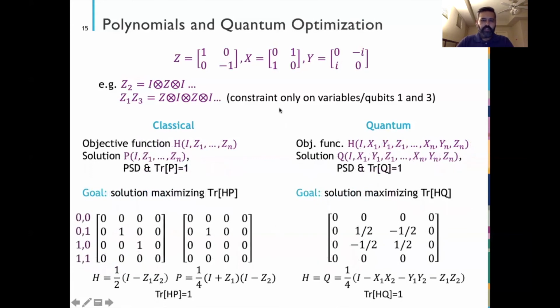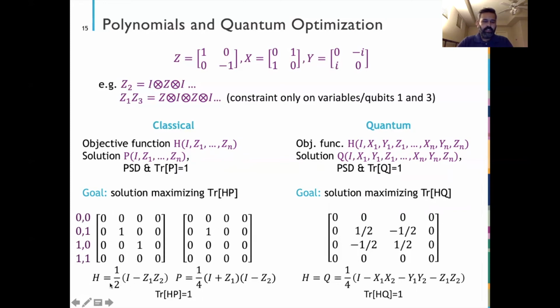So the optimization problem we actually want to solve is this: we have some Hamiltonian H that we're writing as such a polynomial. Then we have a solution P that, as mentioned, is PSD with trace 1. The goal is to maximize the trace of H times P. It's a trace of two matrices. These are both Hermitian, so it's really like the entry-wise inner product of these two matrices if you vectorize them.